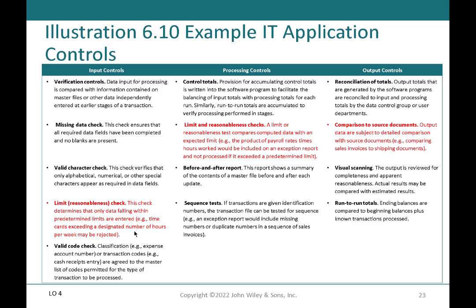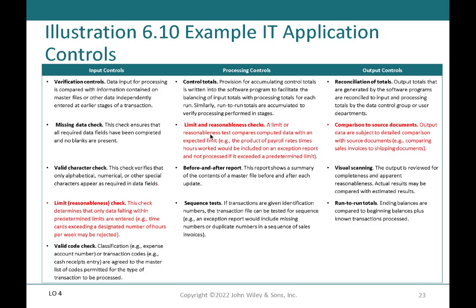Now compare that to processing controls. These are controls dealing with the processing of information within the system. So we could see here we also have a limit and reasonableness check. Notice this example goes hand in hand with the prior one. Basically, we could have somebody that enters the proper amount of hours. Maybe they worked 47 hours. They type that into their system. They have to do this maybe every week to get paid.